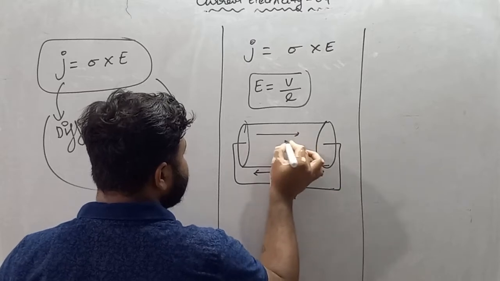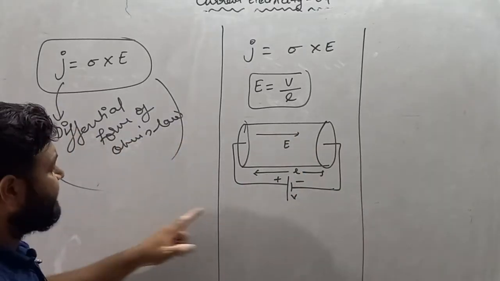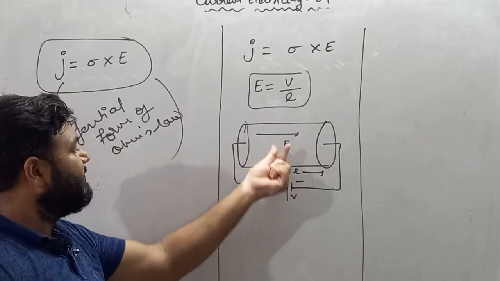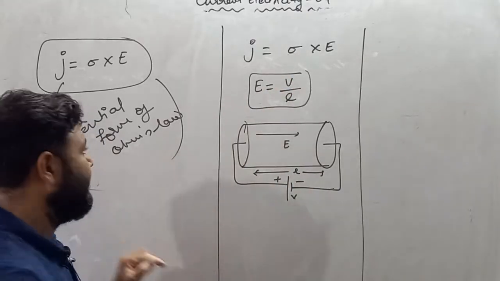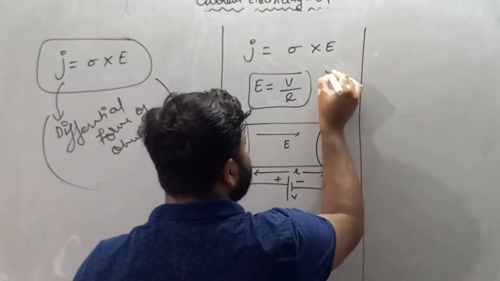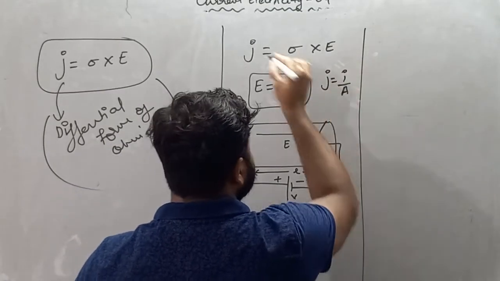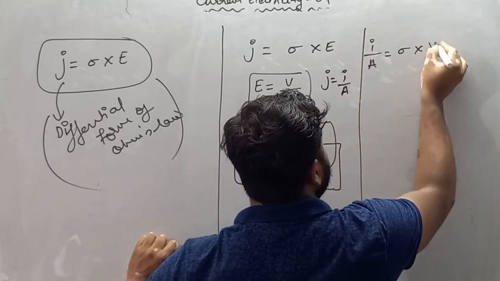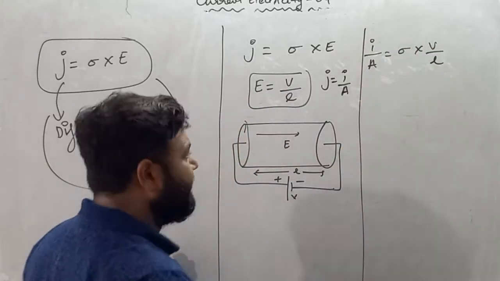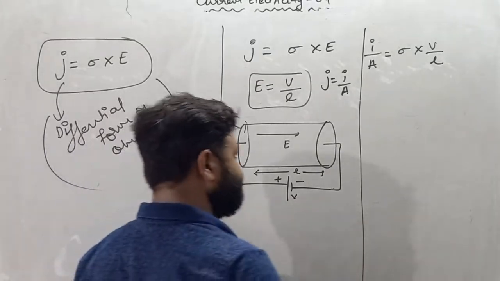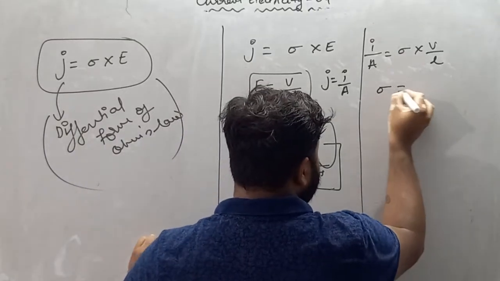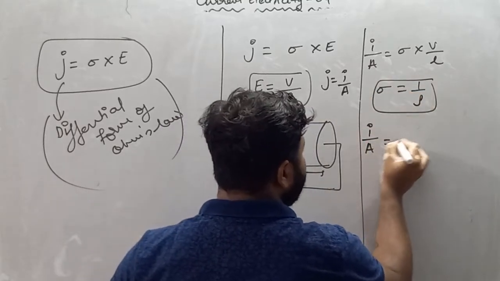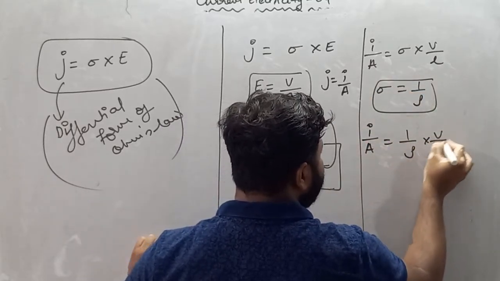In this conductor, the electric field is generated by a battery whose potential is V volt and the length of the conductor is L. So instead of E we'll write V by L, and instead of J we can write I by A. So we'll get I by A is equal to sigma into V by L. Now, as we all know, sigma can be written as 1 by rho. So I by A is equal to 1 by rho into V by L.